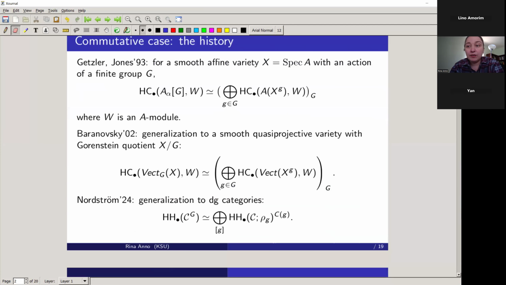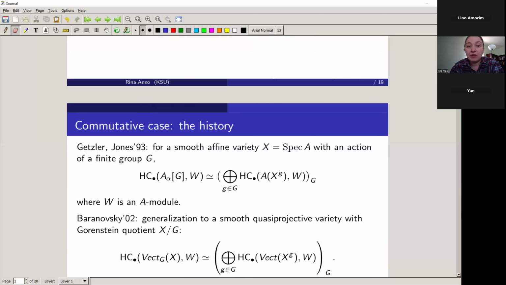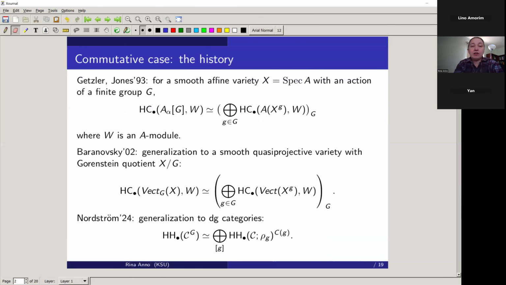Let me first start with the history of the question and why I'm calling this a noncommutative symmetric quotient stack. So let us look at a smooth affine variety with an action of a finite group.